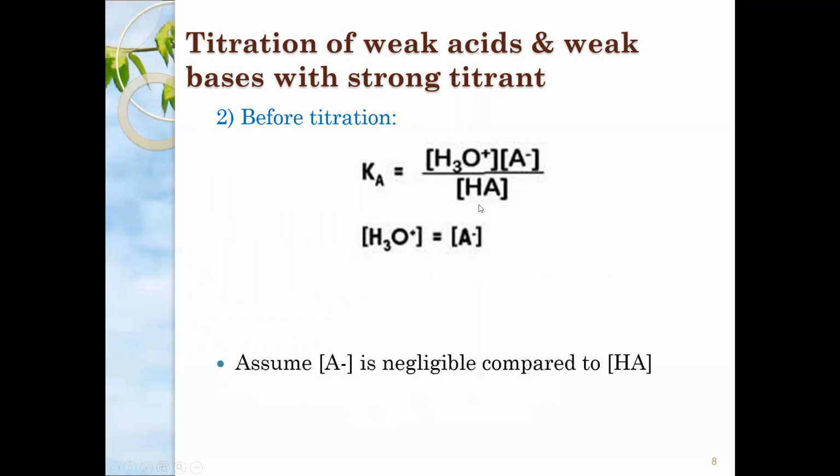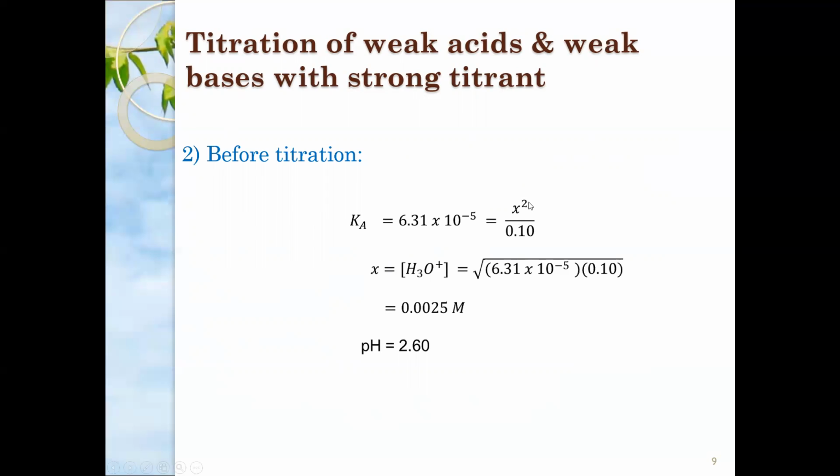So you put it in the expression here, because we need to find the H3O+ that dissociates. So H3O+ here would be 0.0025. Then we take the negative log of this concentration to find pH. That's how we calculate pH for weak acid or weak base sample before titration, unlike strong acid, strong base, where you just take the negative log of 0.1 to get the pH or pOH.